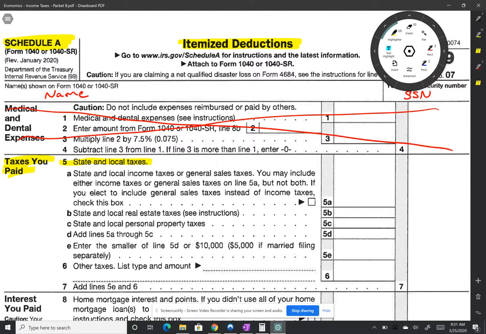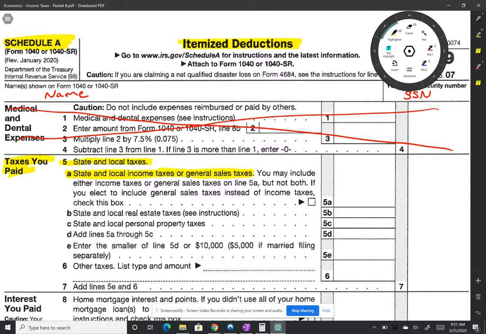One of the things, line 5A, we get to deduct state and local income taxes or general sales tax. All right, they threw in that or general sales tax because members of Congress from states like Texas, which have no state income tax, were like, hold up, you're gonna let Californians and New Yorkers deduct their state income taxes, but states like Texas and Florida don't get anything?